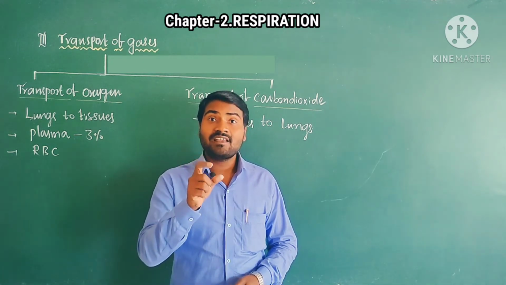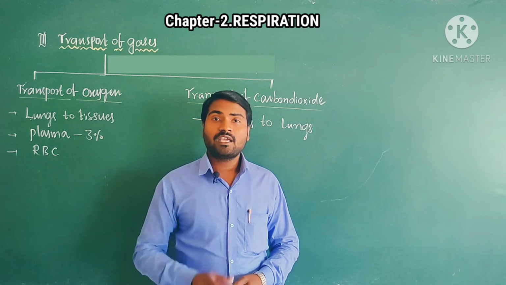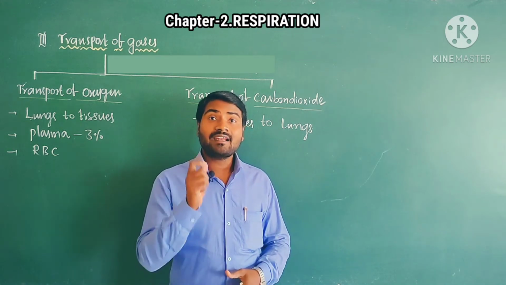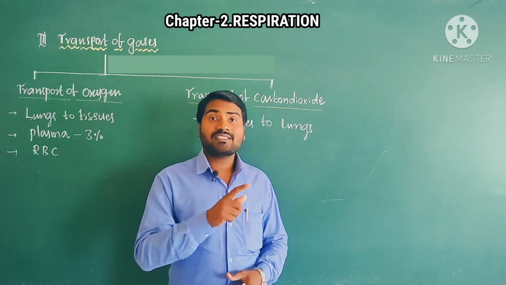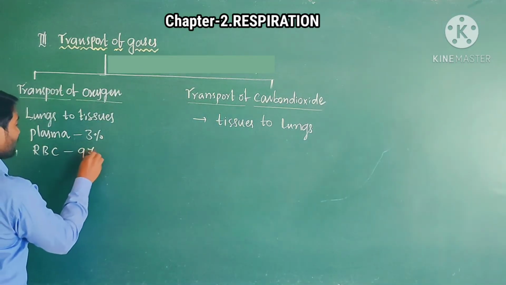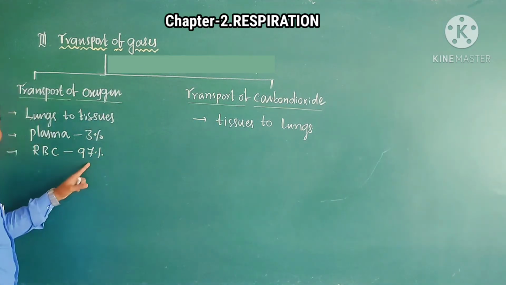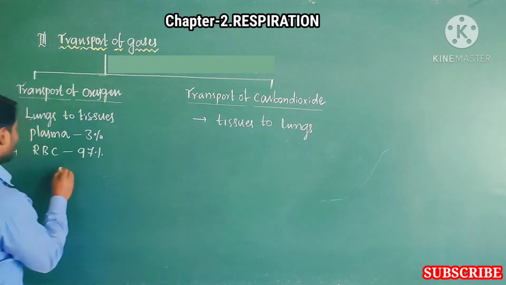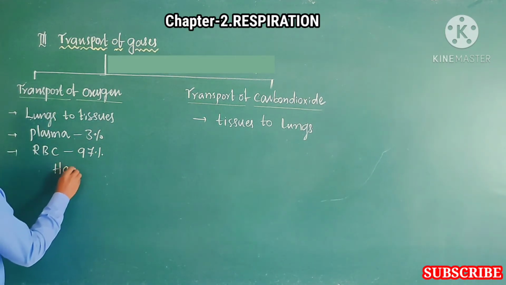Especially a pigment. We know that hemoglobin is an iron containing pigment which is present in the RBC. Nearly 97% of oxygen is transported through this RBC, through hemoglobin.